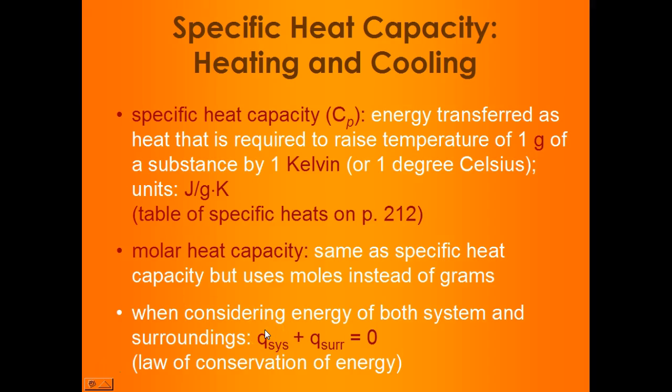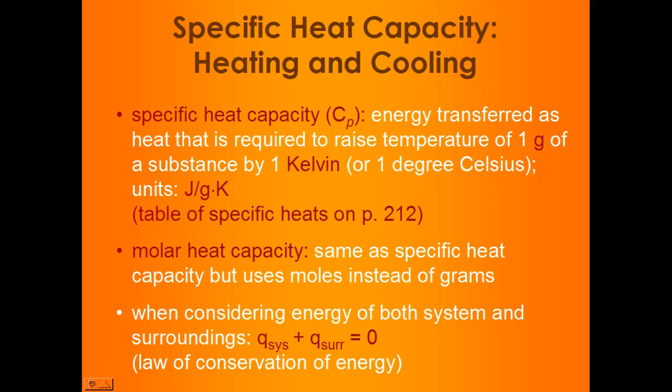So we talked about what specific heat capacity is. Because we are looking at it per degree change or per Kelvin change, it really doesn't matter if our units are in Kelvin or in Celsius, because we're taking the difference between a temperature at one point to a temperature of another. And when you go between Celsius and Kelvin, you're changing by the same amount. You would still have the same net temperature change.